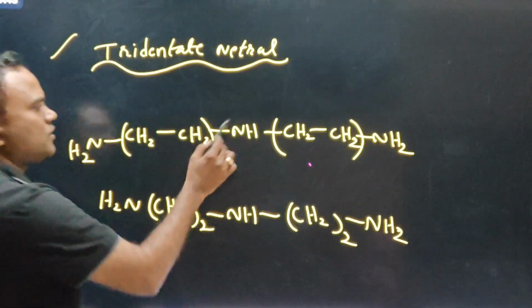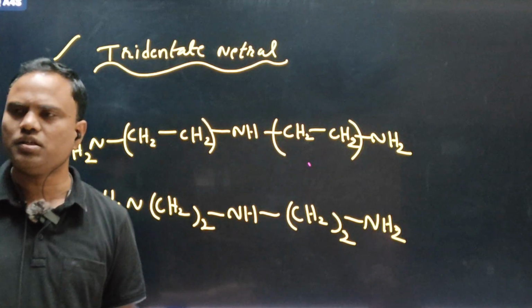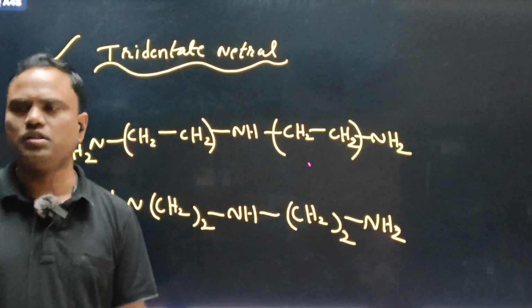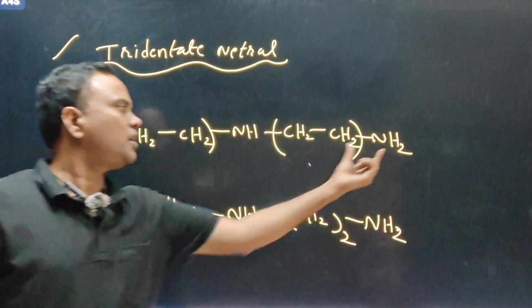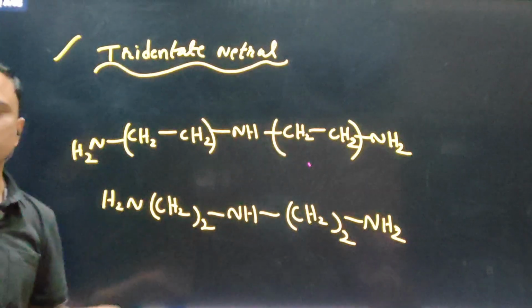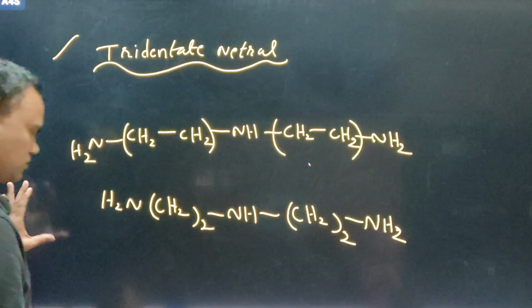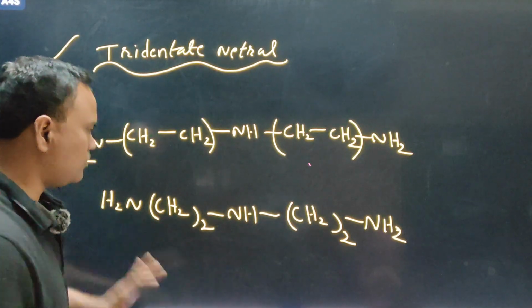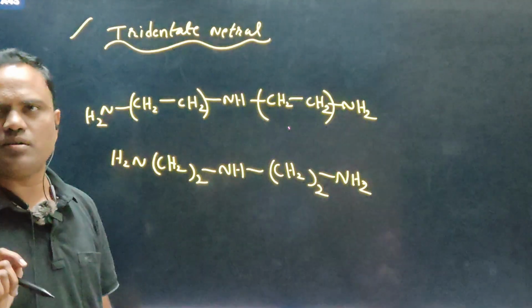How many amine groups? 1, 2, 3. So read it completely: diethylene triamine. Clear? So write the name and symbol directly. No need to draw a box because there is only one example in this category.